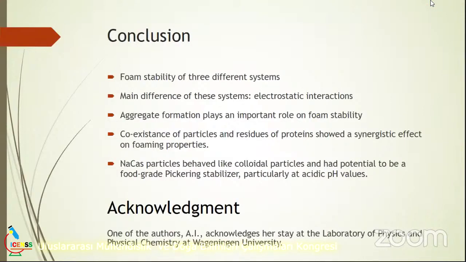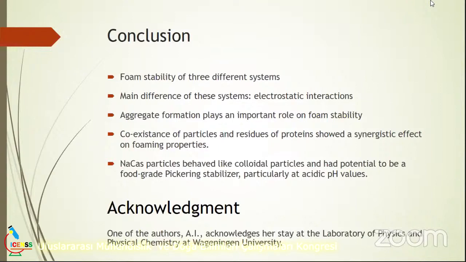And in conclusion, we have used three different systems on foaming stability with the main difference of electrostatic interactions. And the aggregate formation and the extent of the aggregate formation play an important role on foam stability, we have found. The coexistence of particles and their small residues showed a synergistic effect on foaming properties.